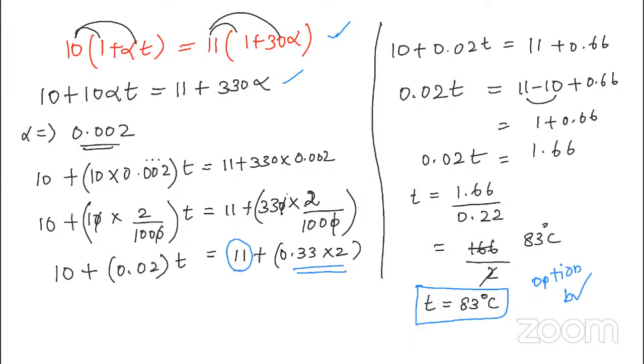So finish the multiplication and then start the addition. If we simplify in the same way, finally we can get the answer, that is 83 degree centigrade. Okay, up to this clear?